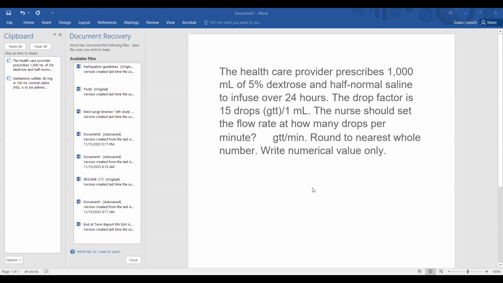All right, you guys are going to do this one on your own. Take your time because not everybody can read fast. So remember what your formula is. So, infuse over 24 hours.